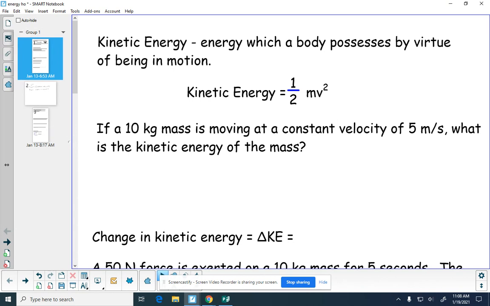So if a 10 kilogram mass is moving at a constant velocity of 5 meters per second, what's the kinetic energy of the mass? And once again, as you are already starting to do, you're adding this to your formula sheet.